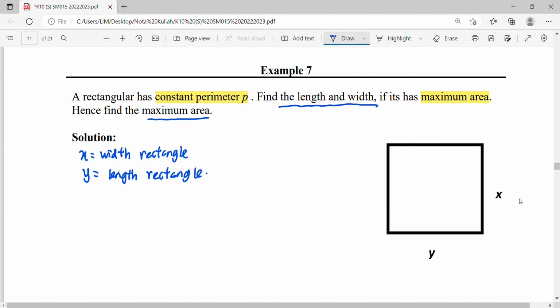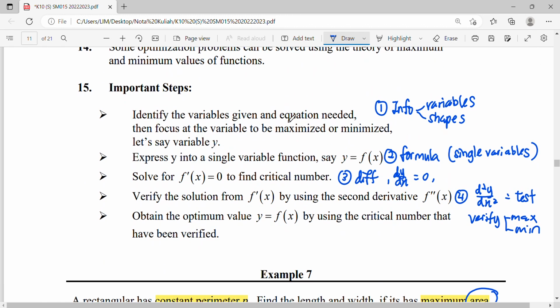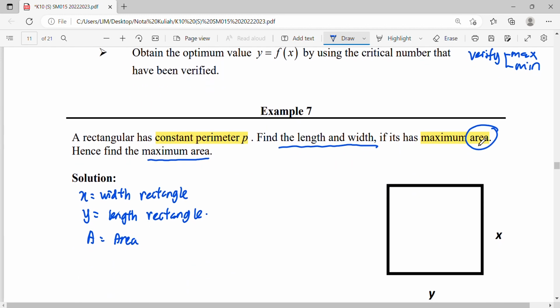The unknown that you want to maximize here is the area, A. So that is our first step: identify the variables, the quantity, and the shape. Your shape is a rectangle, and the quantity to be maximized here is the area.